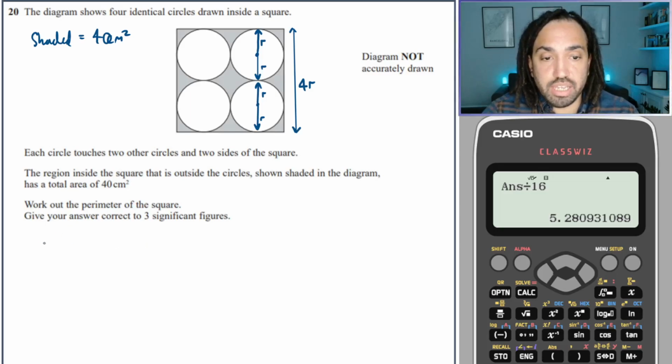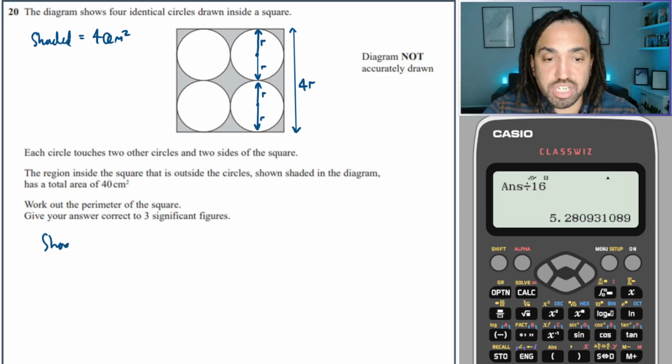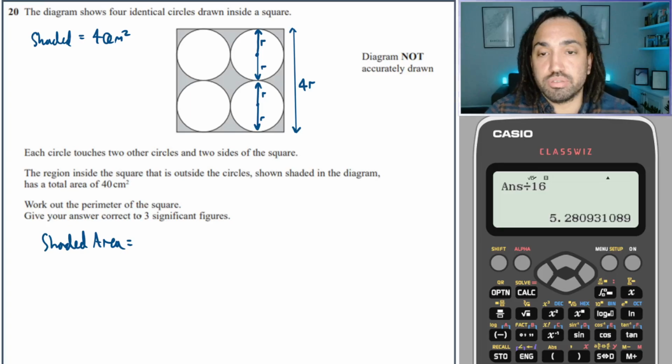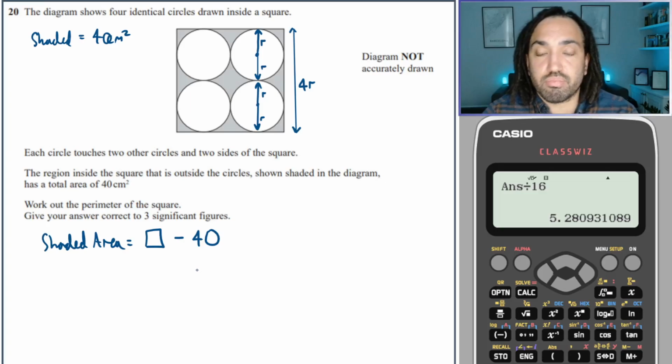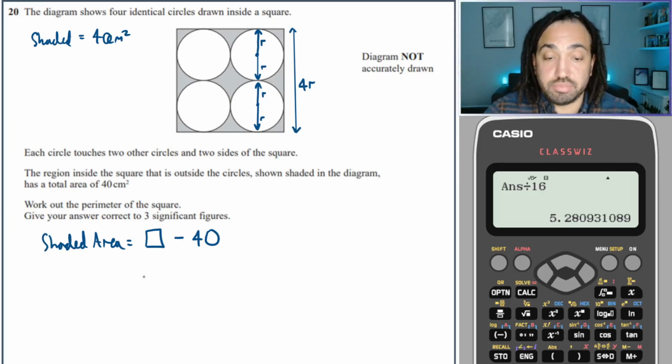So we could say that we know that the shaded area is equal to the area of the square minus 4 of these circles. Yeah, that makes sense.